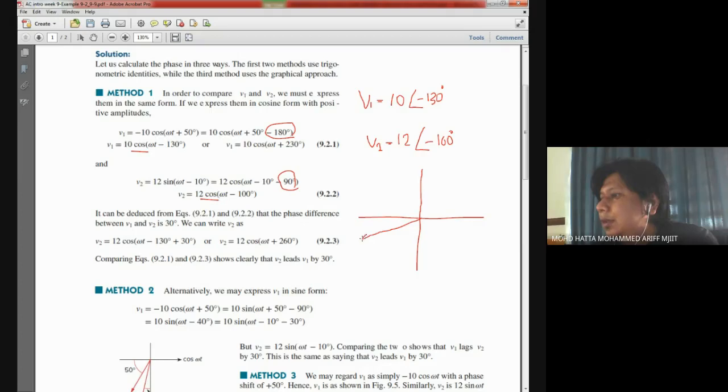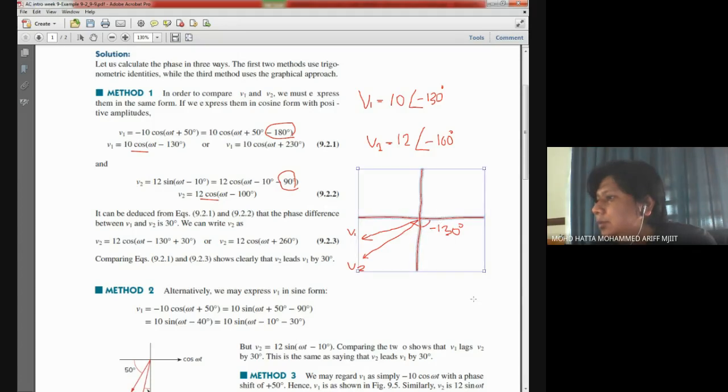Okay, this is V1. And for V2, it's slightly down here, but a longer line, because the magnitude over here is 12. So it should be longer than V1, because V1 we have 10.